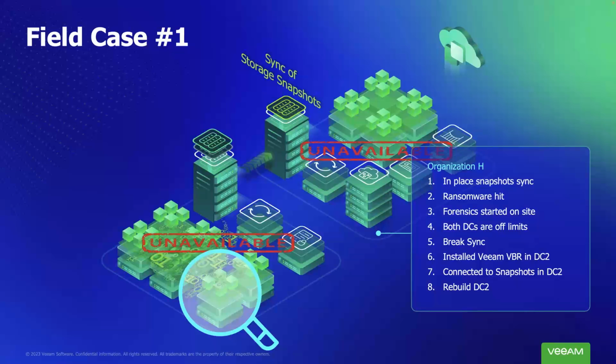What the consultant did was advise the customer to install Veeam Backup and Replication at the secondary DC2, leveraging the snapshots of the storage array and rebuild their data center from there. So that's what we do with the storage snapshot.